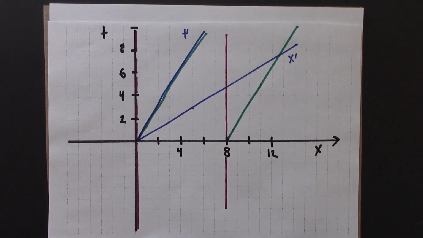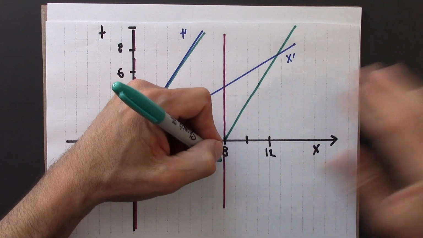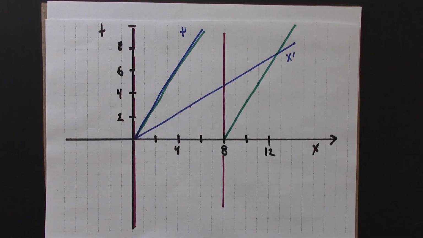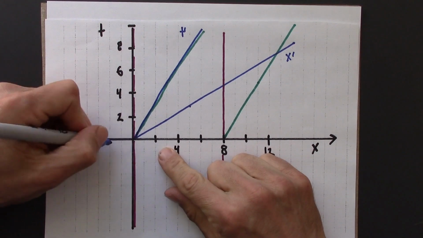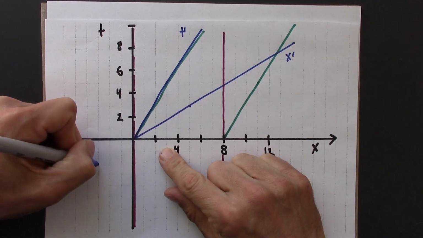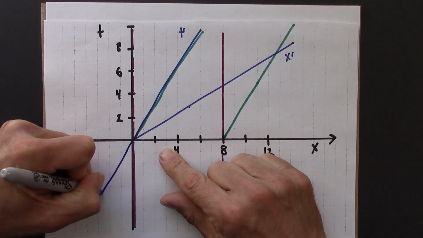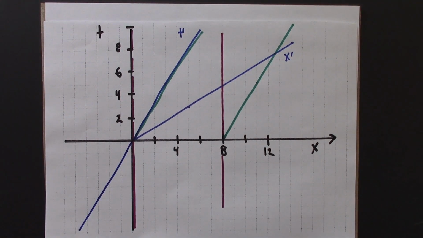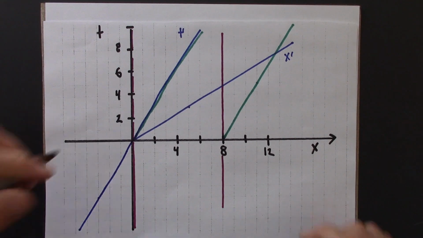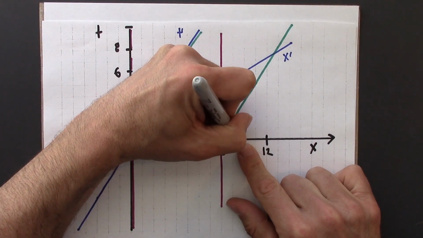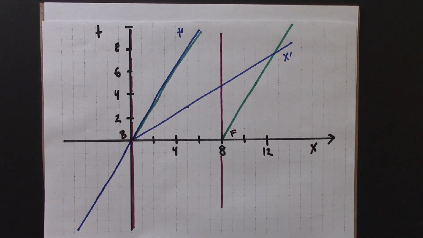And I'm going to need to extend this axis, 1, 2, 3, 4, 5, something like that. All right, so that's the t prime axis. So this is event B, and this is event F.